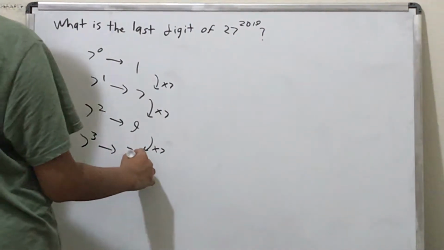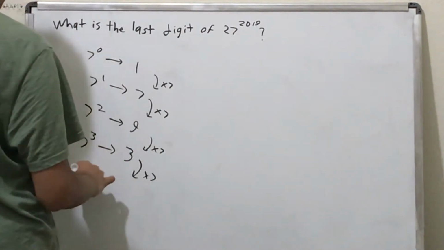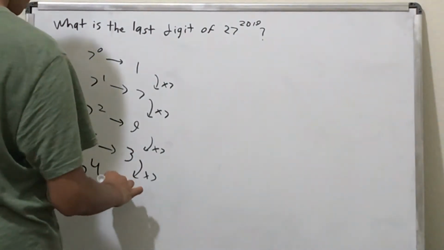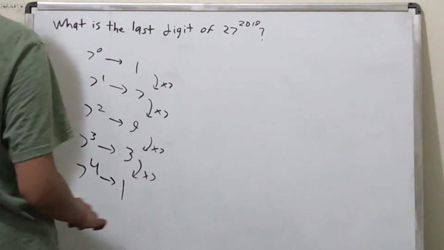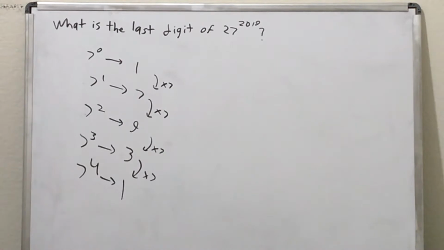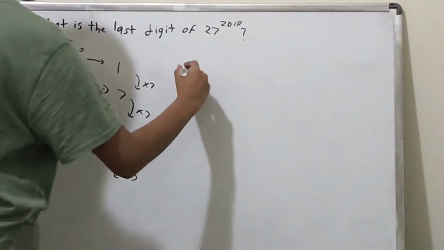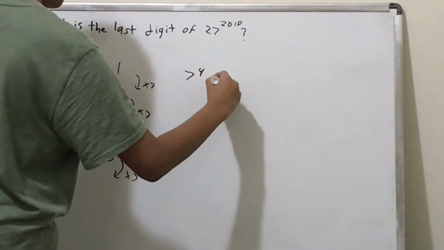Multiplying by 7 again, we get that 7 to the 4th power, at least the last digit, is simply 1. So we're multiplying by 7, and then we looped back to 1. What does that mean? I'll write the 7 to the 4th power up here.